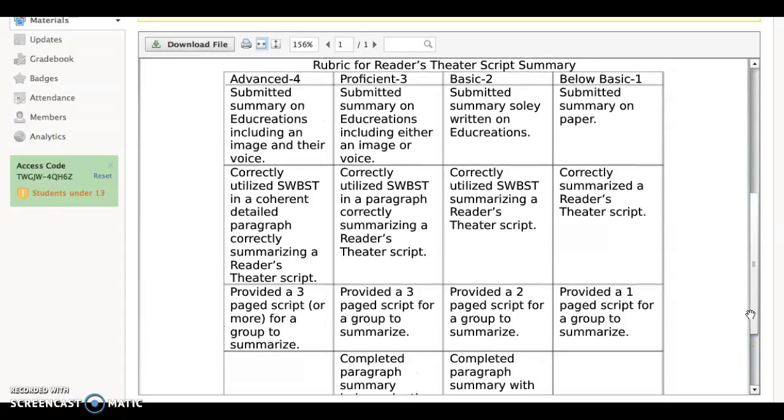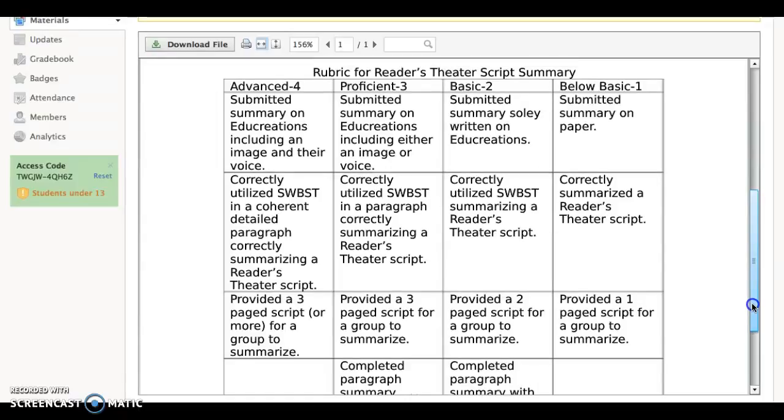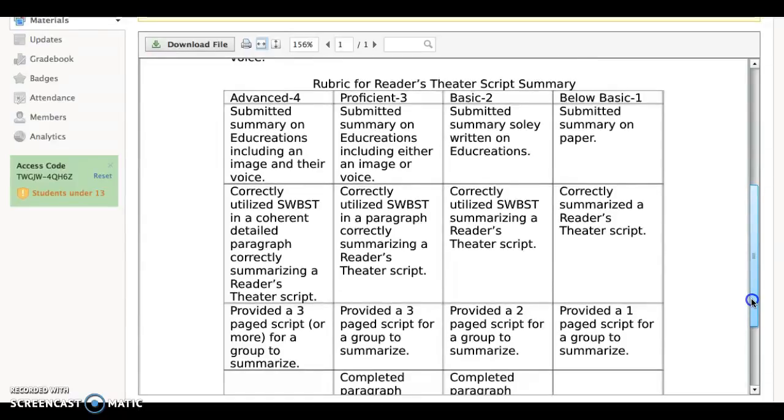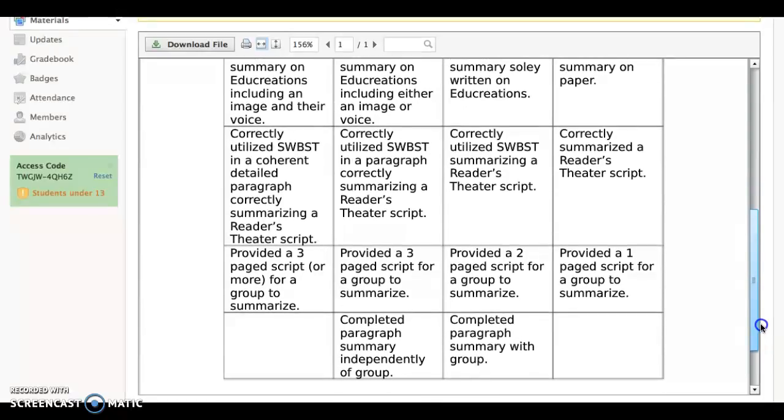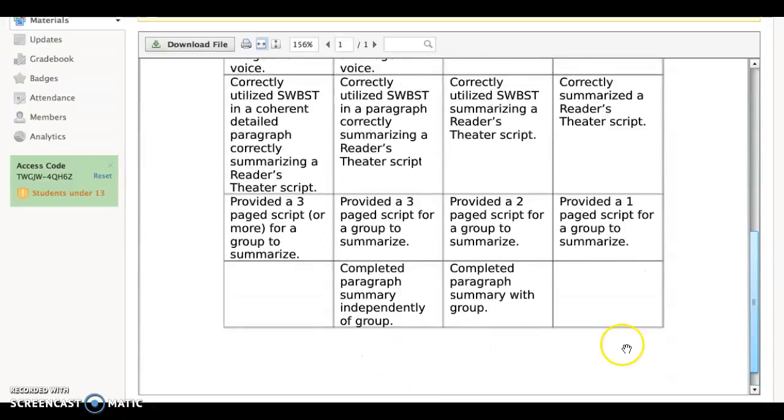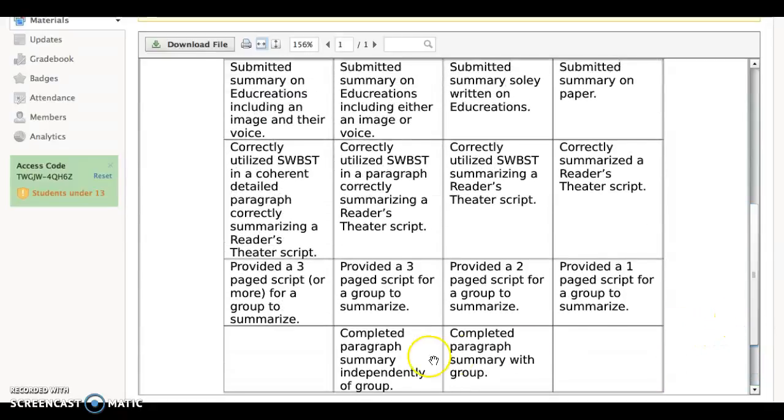And this is what I will use to grade their assessment of summarizing another group's script. And they need to do it by themselves. It needs to be 3 pages.